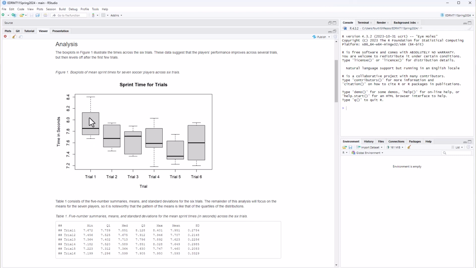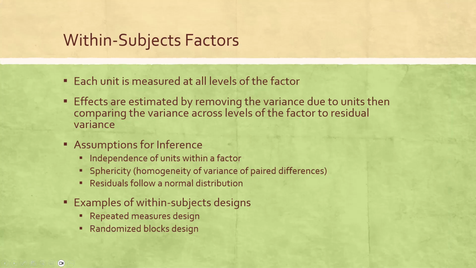They're not going to be independent across levels of the factor because the same units are going to appear in trial 2 that appear in trial 1. But the units have to be independent of one another within each of those trials. Then we need sphericity.